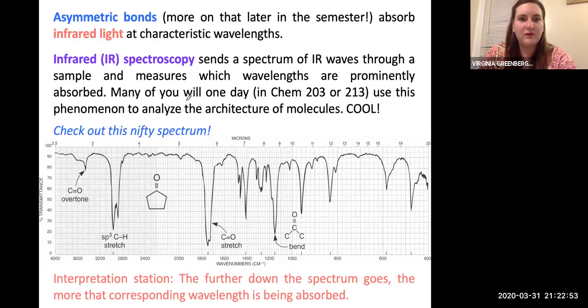And so we can talk about what causes a molecule to be capable of absorbing IR light. And we say that it depends on asymmetric bonds. And we also say that this is if we have any polar bonds. Usually those will show up as infrared absorbing.